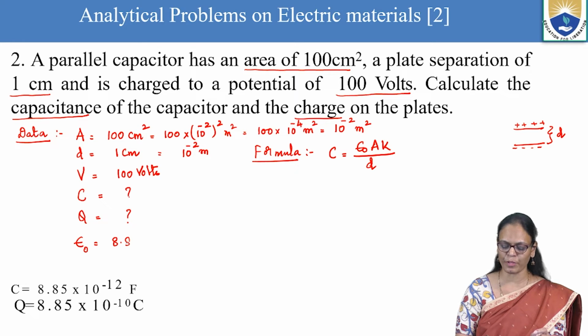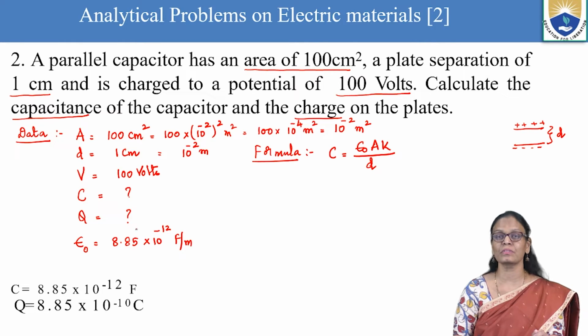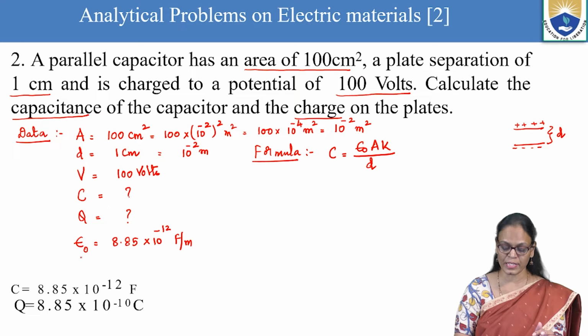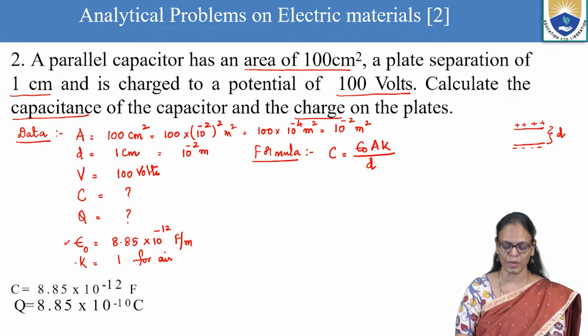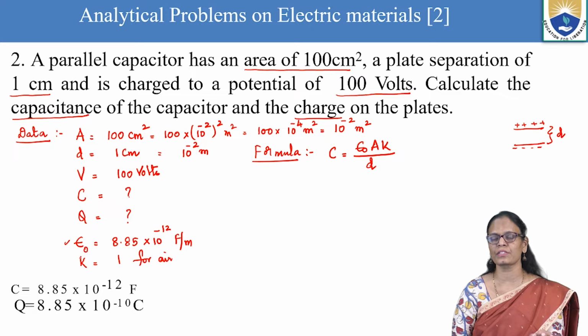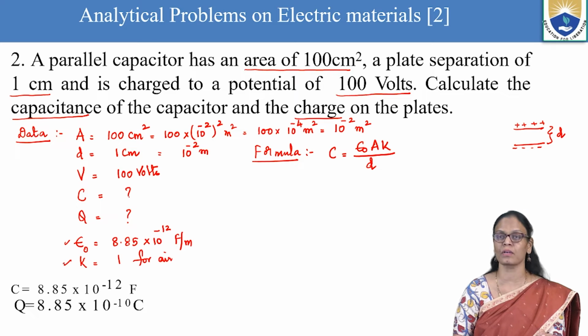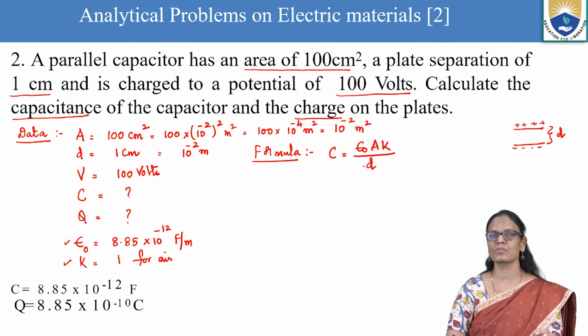Its value is 8.85 into 10 power minus 12 farad per meter. So we are going to take this constant, and since K is not mentioned, we assume that the dielectric is air in between and K is equal to 1 for air. These two things we have to consider even if it is not given. This is a constant, and because there is no dielectric, we consider it as air and K is equal to 1.